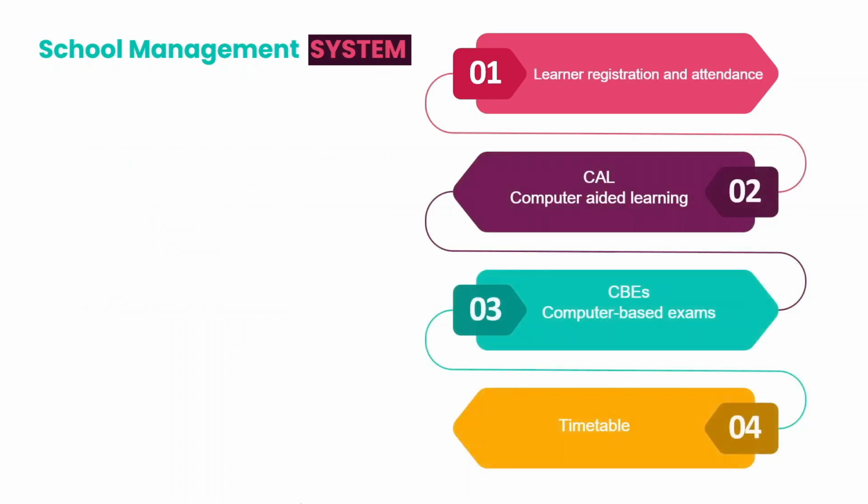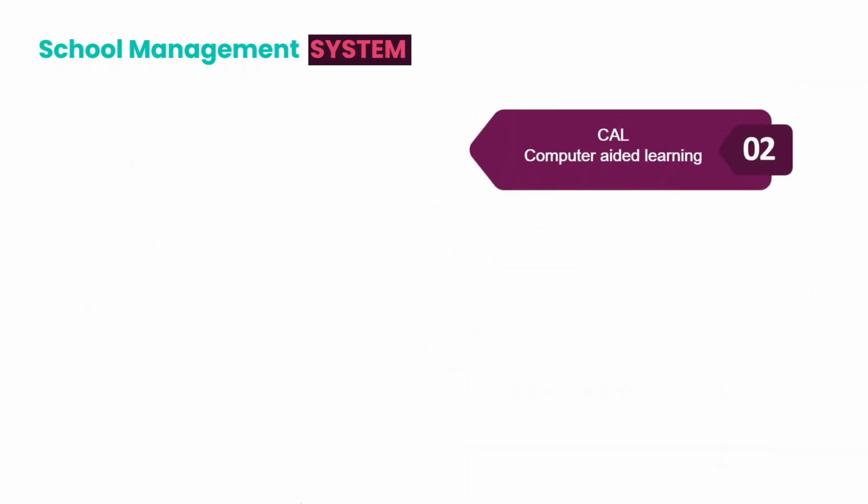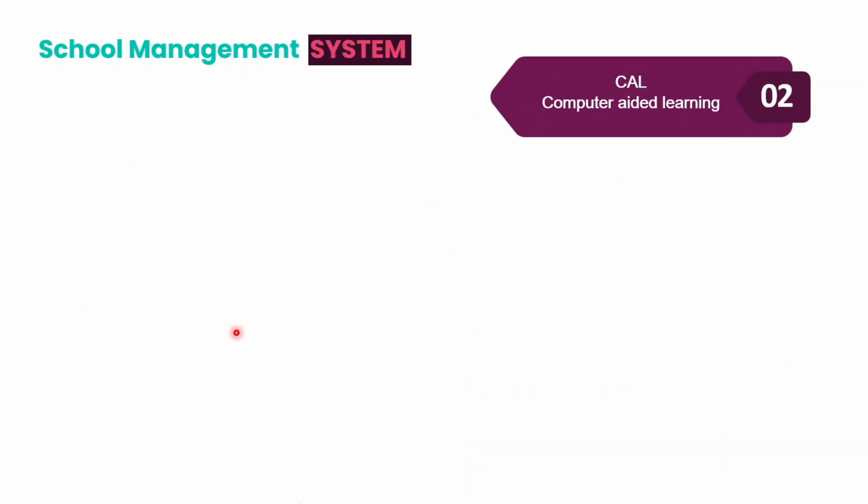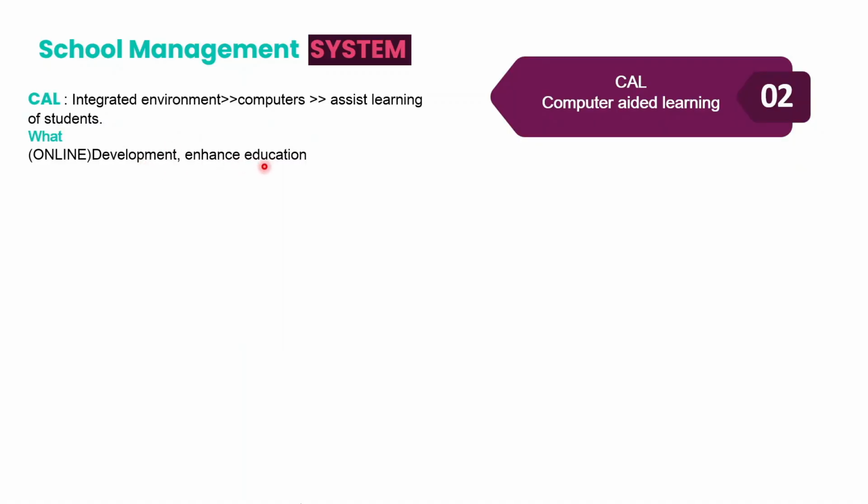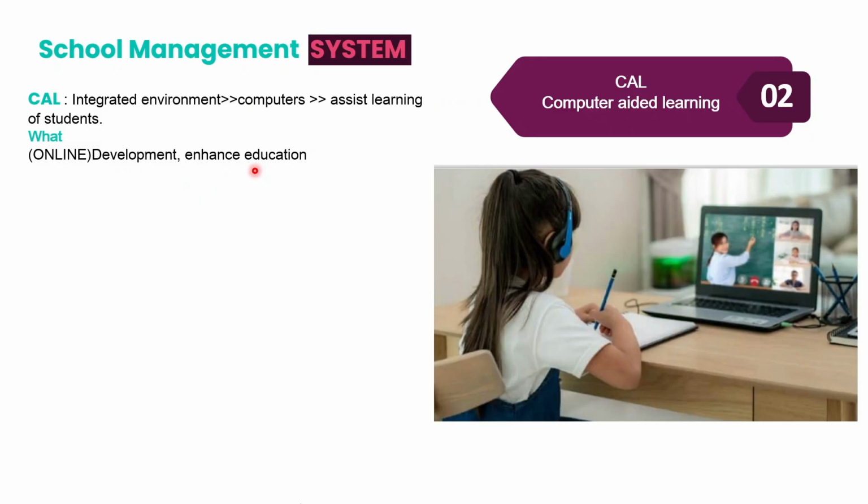The second one is the computer-aided learning, which is an integrated environment where computers are used to assist the learning of the students. So what is it? It's an online development to enhance the student, the separation of teachers and learners, which distinguishes it from face-to-face education.